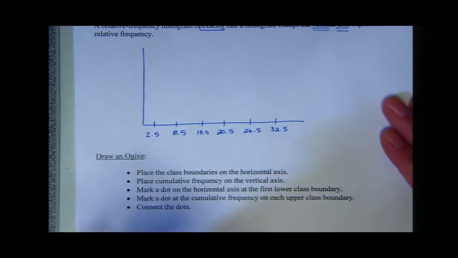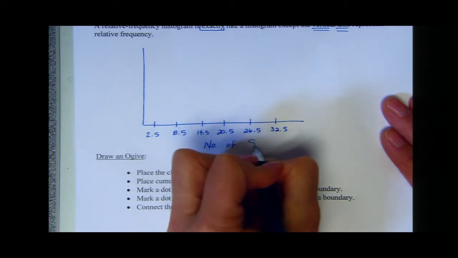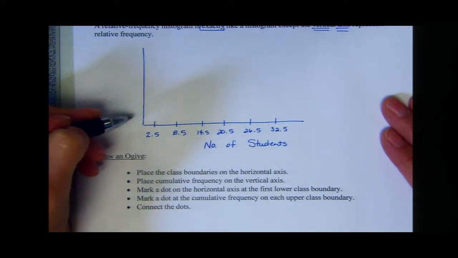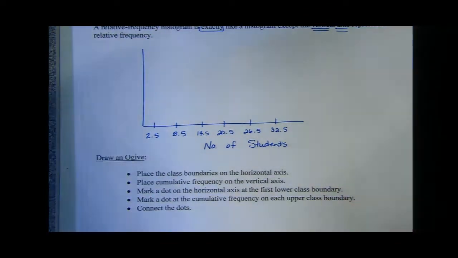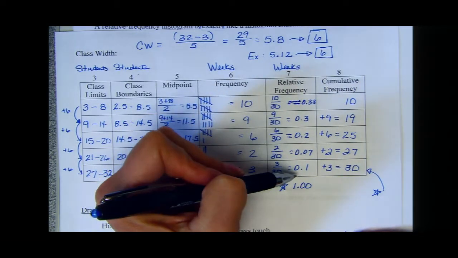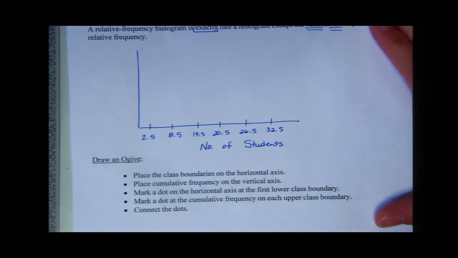And we had already established that this is the number of students. But now on the vertical axis, we had done frequencies. Now we're going to do relative frequencies. The largest number is 0.33.